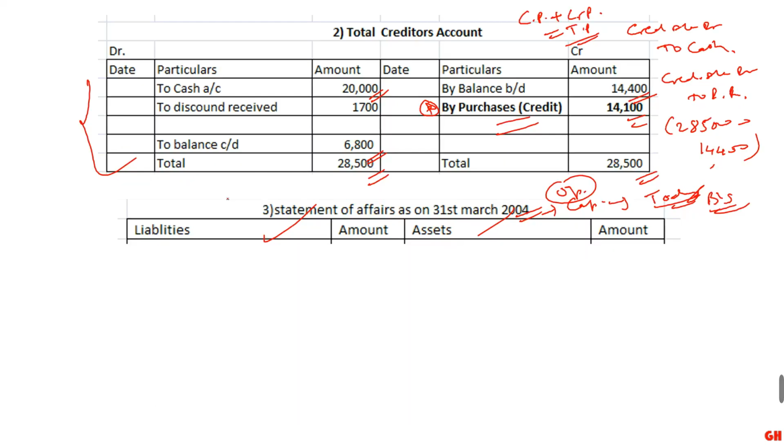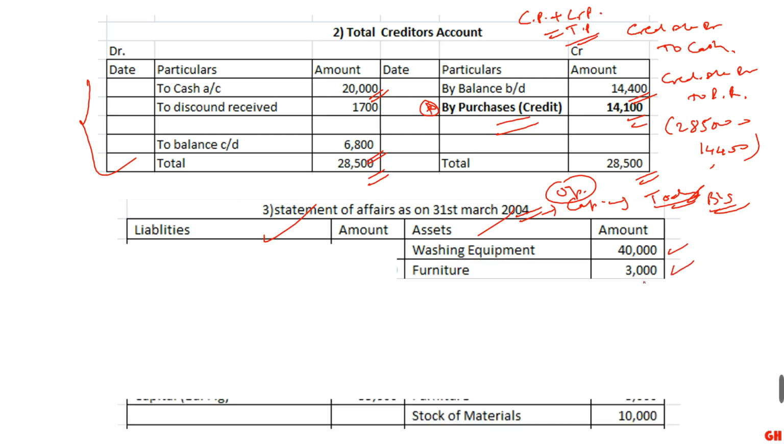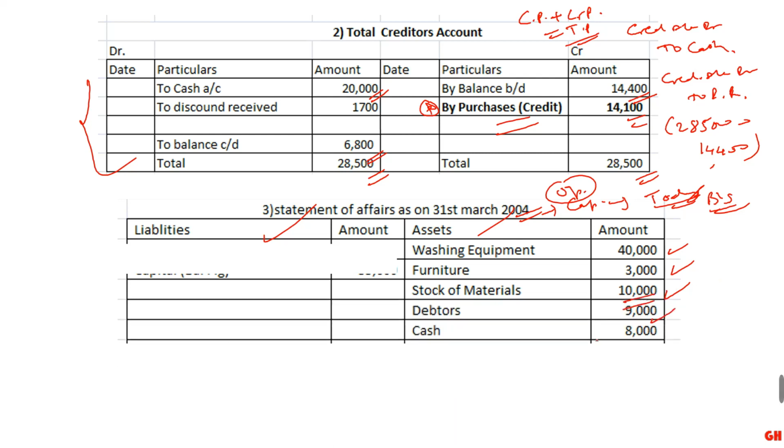Let us see how it appears on the statement of affairs. Here washing equipment will come, then furniture 3,000, stock of material, that is the closing stock of last year, which will be the opening stock of this year, debtors account 9,000, cash account 8,000, and creditors 14,400.